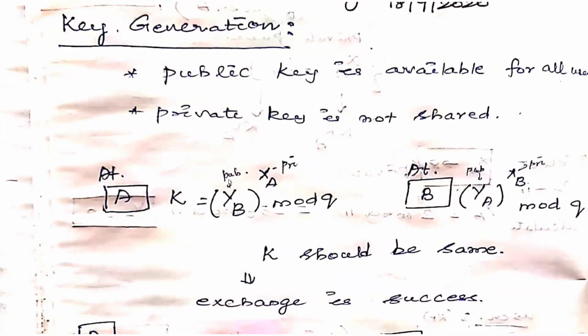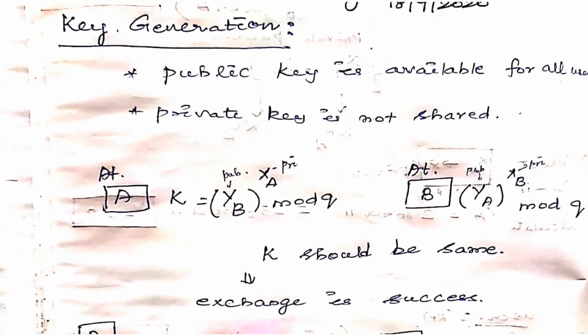Y represents the public key, and YB is available. Using that public key and XA, the private key that A knows, with mod Q, by using this formula K is generated.